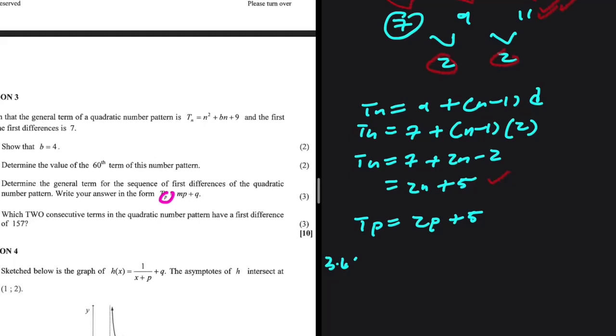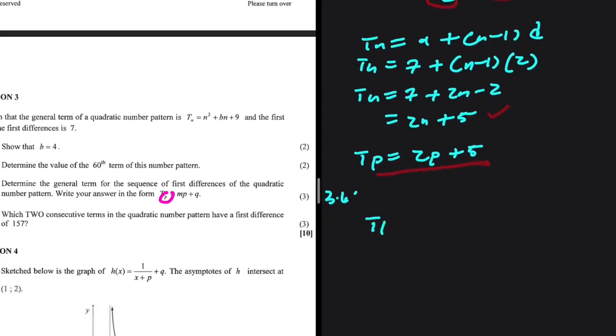This is a very common question. Well, we have the formula for the first differences. So we can find the position of 157 in the pattern of the first differences. So Tp is equal to 2p plus 5. And in which position is 157 situated?